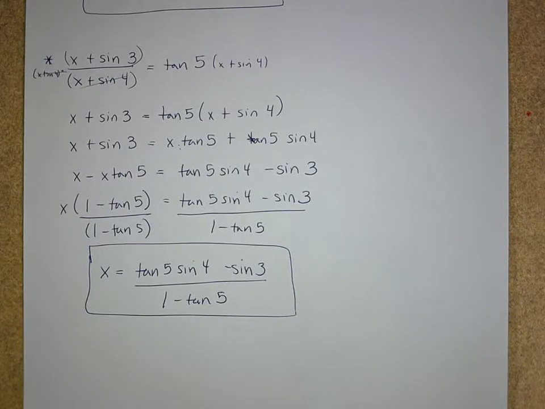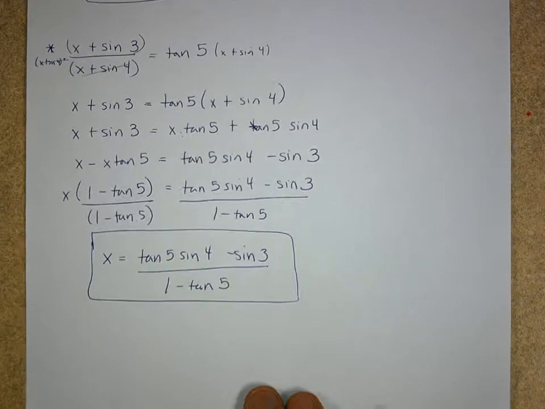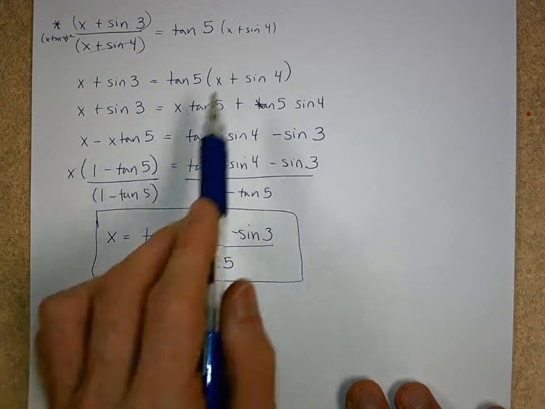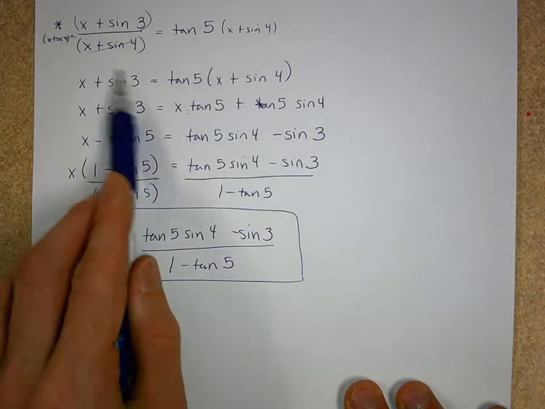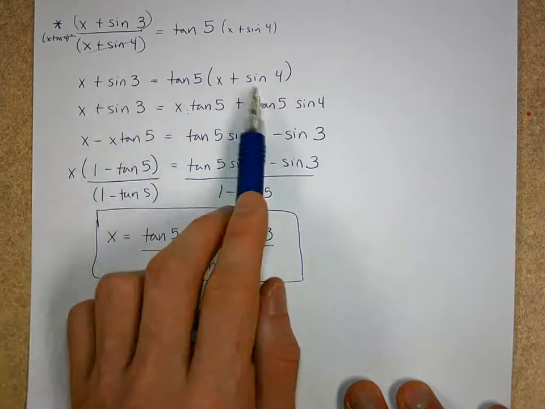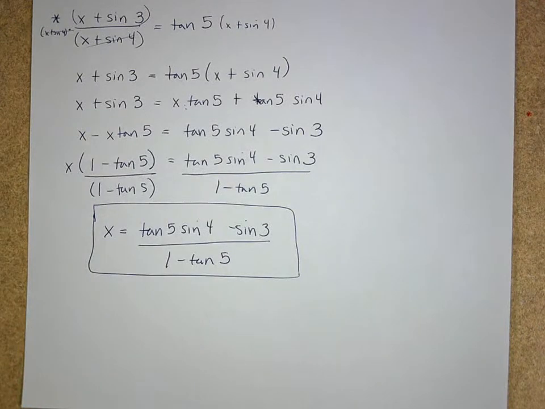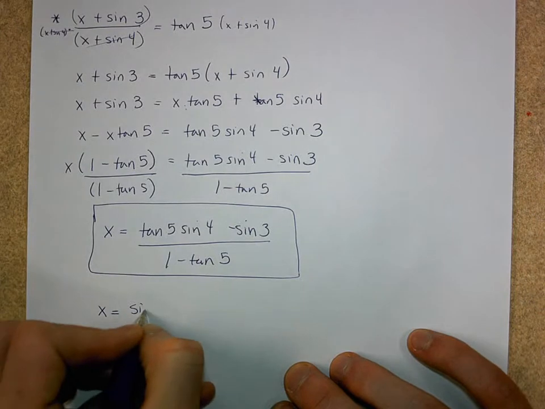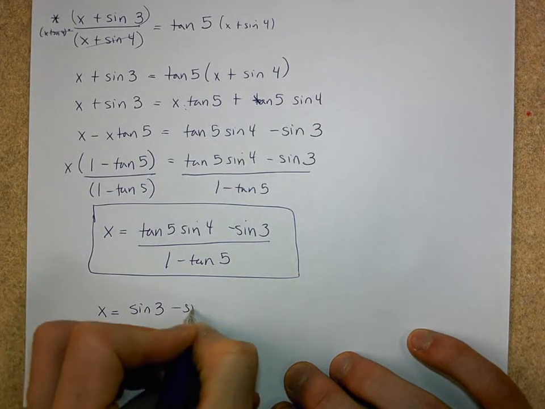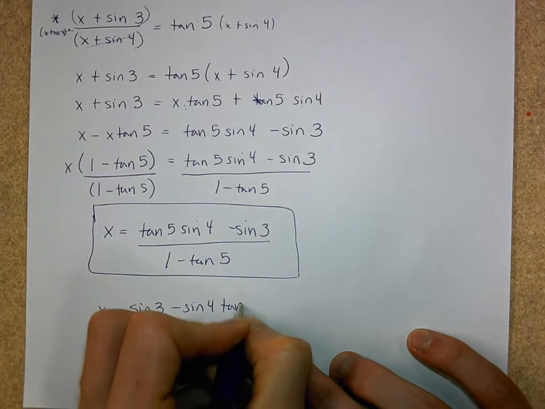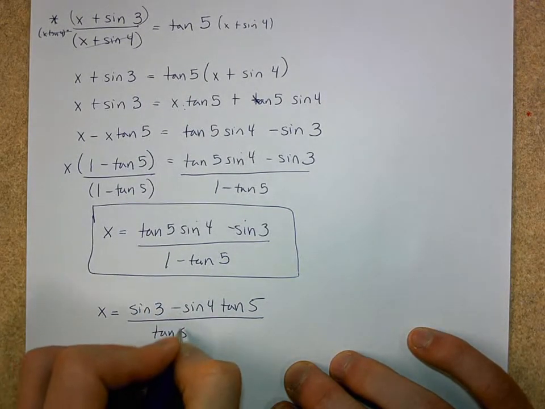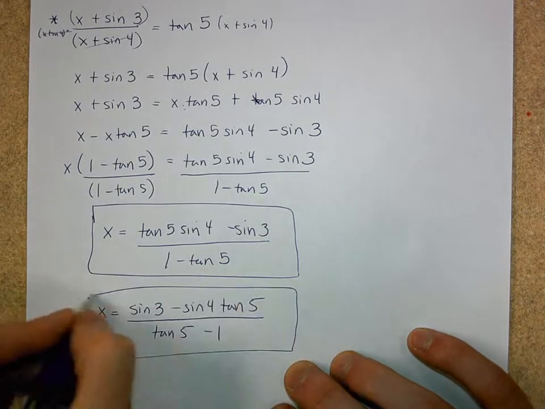Another way you could have solved this problem and gotten the exact same result, but the answer looks different, would be if your terms were switched. In other words, if this quantity ended up being over on the left-hand side and your x plus sine of 3 was on the right, and you solved in a different order, you might have ended up with x equals the sine of 3 minus the sine of 4 tangent of 5 all over the tangent of 5 minus 1.